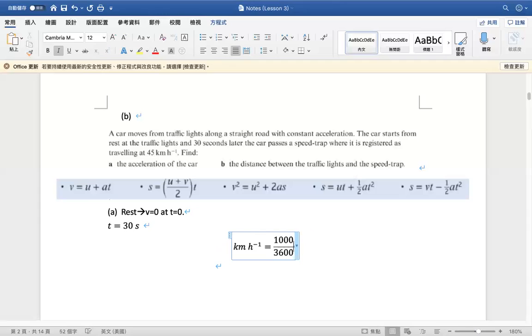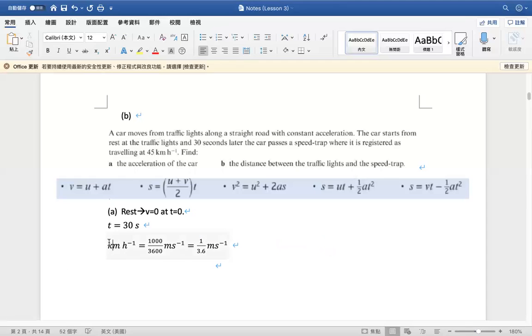So that's the conversion, meter per second. And 1,000 over 3,600 is 1 over 3.6. So 1 km per hour equals 1 over 3.6 meter per second.